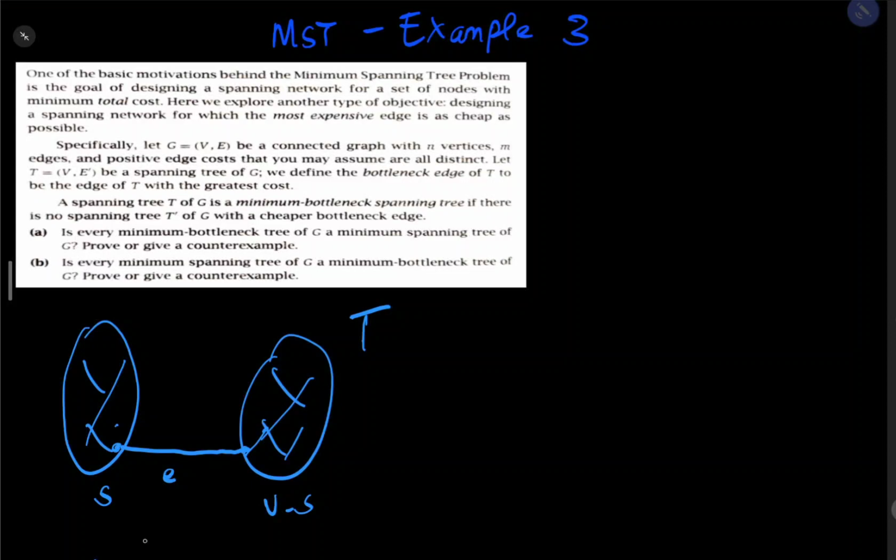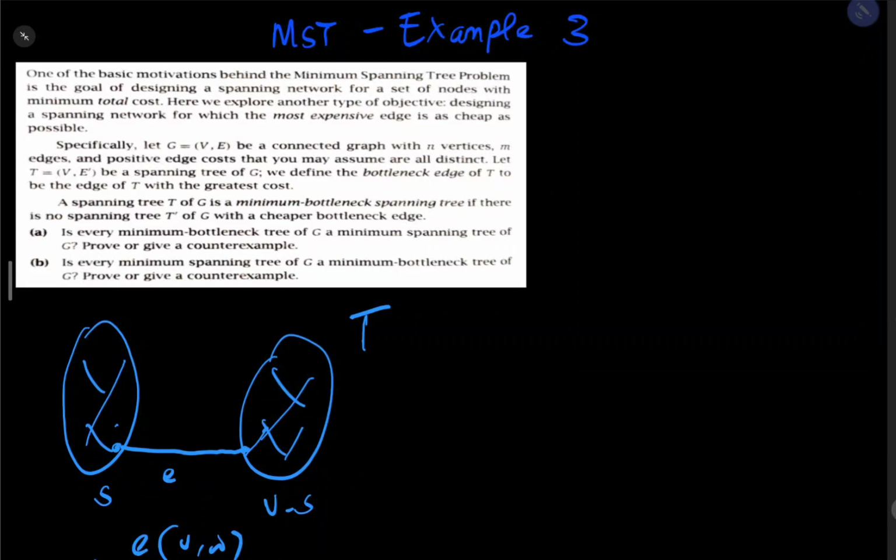E goes from V to W, where V is a vertex in S, and W is a vertex in V minus S. So we say that the edge E of T is also a bottleneck edge, since no other edge is cheaper than it.